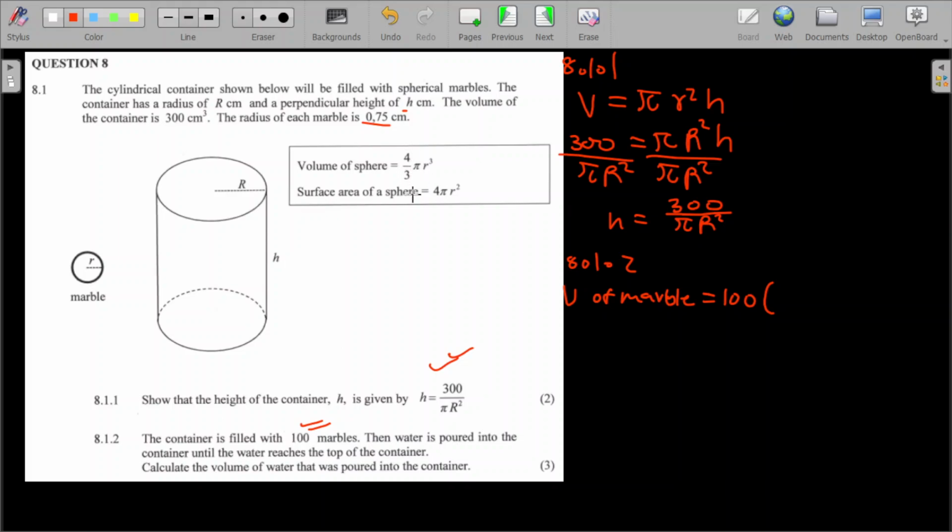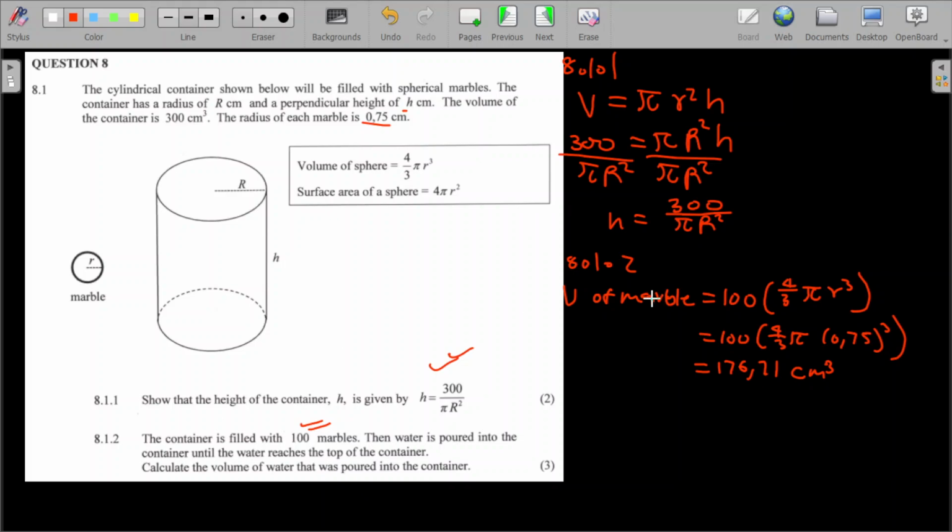Remember, the volume of a sphere is 4 over 3 pi r cubed, so 100 times 4 over 3 pi. Remember, the radius of the marbles is 0.75 cubed, and finding the answer, it's going to give us 176.71 centimeters cubed.